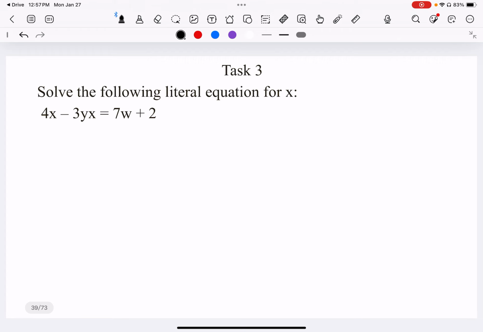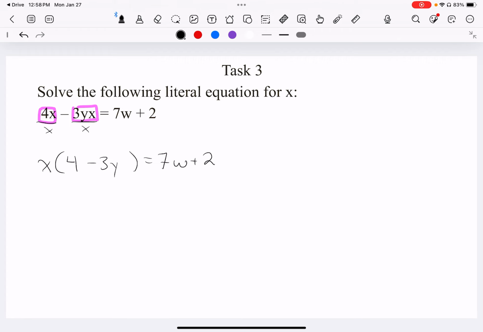Solve this equation for x. I have two x terms that I cannot combine, so I'm going to factor out an x, so I just have one x term. So I divide both terms by x. 4x divided by x is 4. Negative 3yx divided by x is negative 3y is equal to 7w plus 2.